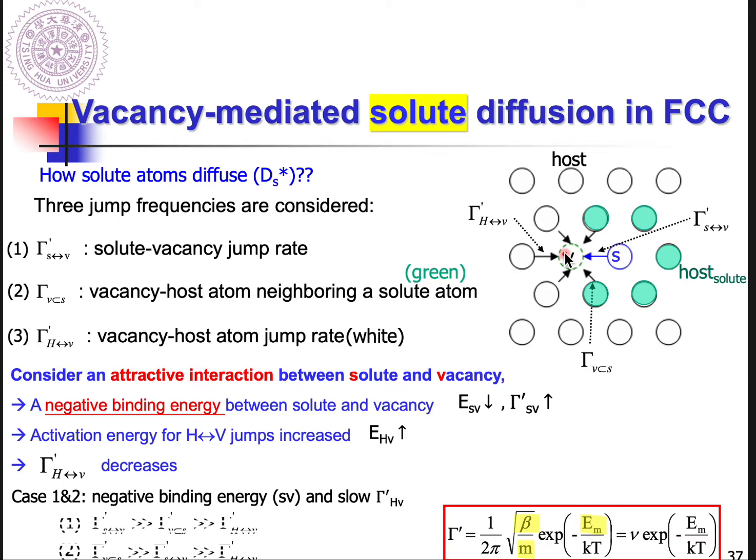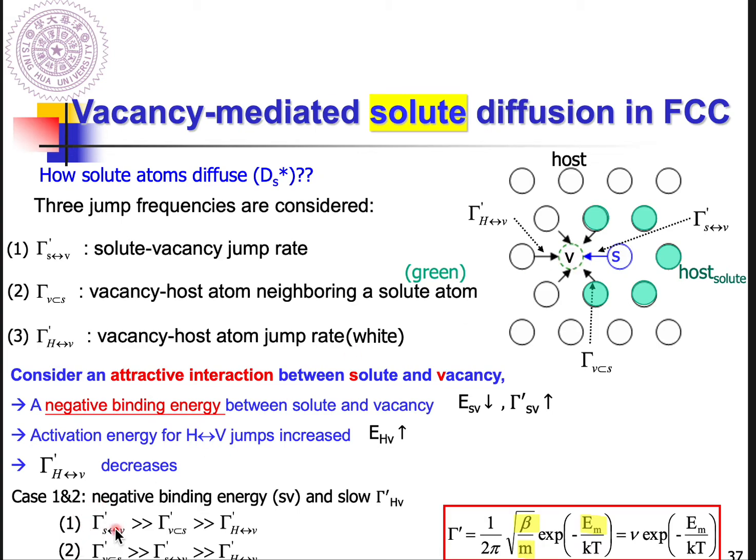The host-vacancy jump rate is always the smallest one, but the solute-vacancy jump rate is higher than the neighboring host atom, near the solute atom, jumping into the vacancy.